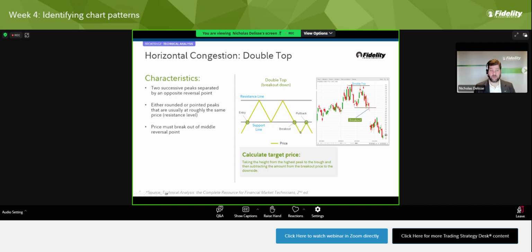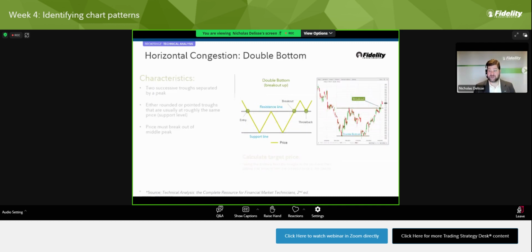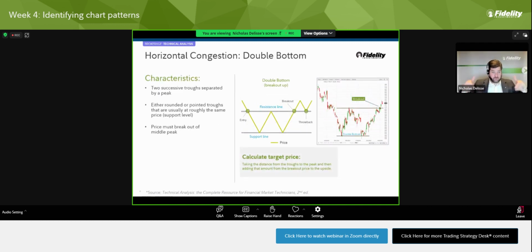It might even try to pull back, but it kind of fails on that. You can have a double top, and you can also have a double bottom. A lot of these will flip, will inverse.